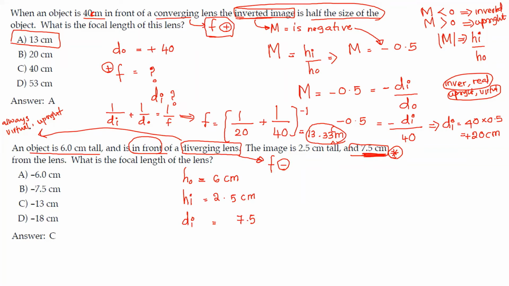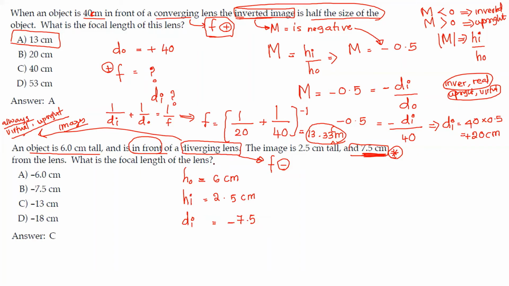It is negative because we know diverging lenses always produce virtual and upright images. So when they said image is 7.5 centimeters from the lens, it is really in front of the lens. In other words, it is a negative value. So do you get that? Yeah.